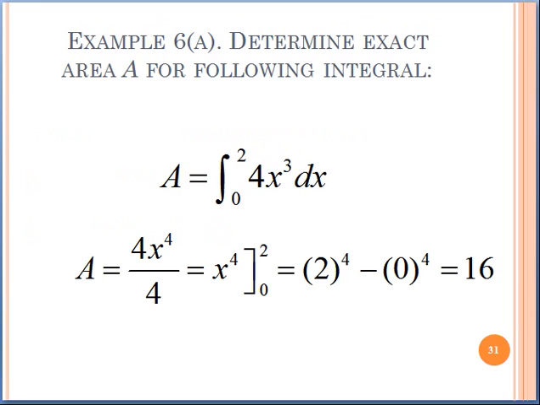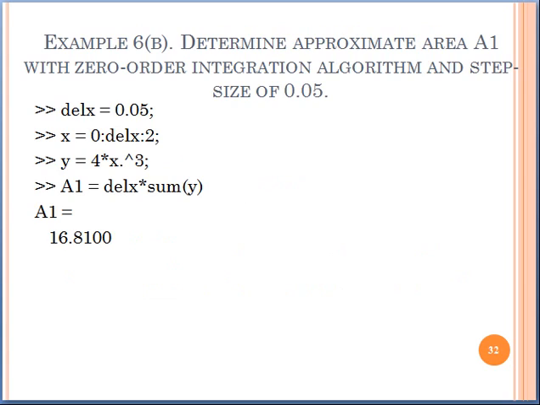Now we are determining exact area A for the following integral. The example is, let A equal to integral of 4x cube, from 0 to 2 with respect to x. If we solve it normally, then we will get the answer 16.